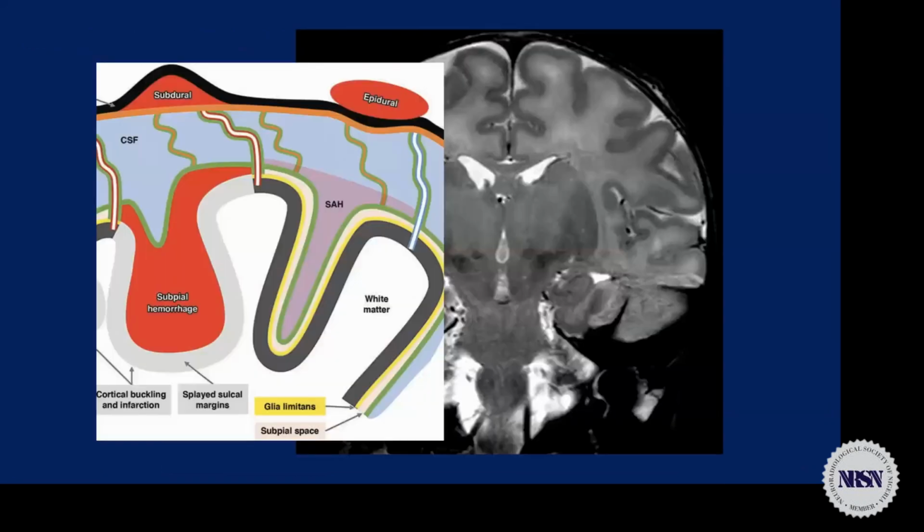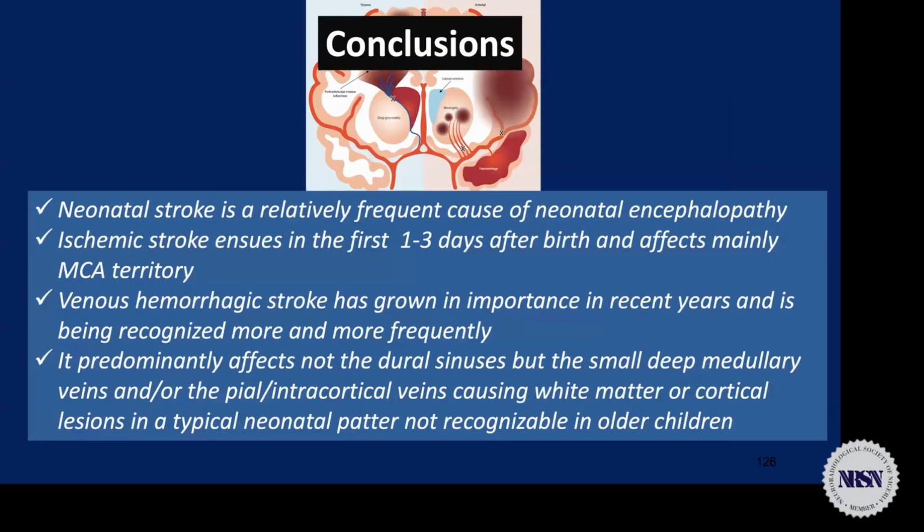So, to recap, you can see once again the blood, secondary cortical damage, and finally the blood also within the subcortical area.